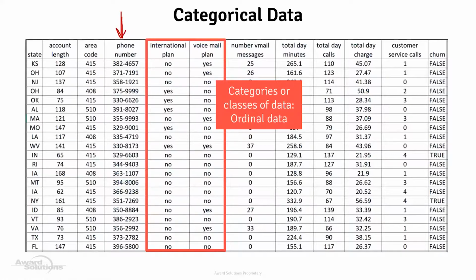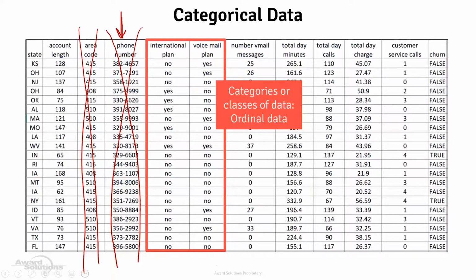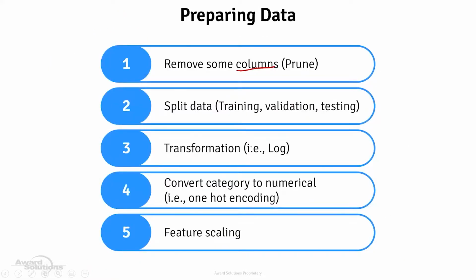I don't want the phone number included as part of this particular analysis, because I could learn that if somebody has that phone number, that's what's causing them to churn. I want something that's more generic. So I would cross out things like the phone number and the area code. There are other factors, like subscriber IDs and the state, that I may or may not want to keep.